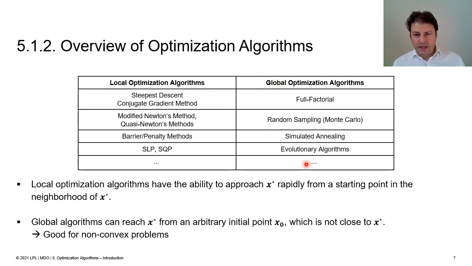Whereas global optimization algorithms tend to be slower, but they also look at optima that are not in front of them, so they tend to be more likely to identify a global optimum. To this class pertain, for example, full factorial optimization, or optimization based on random sampling, or the other stochastic algorithms where random elements are included.